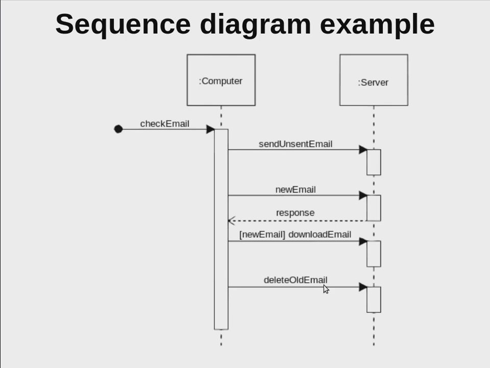So I told about this, and then about these rectangles. A rectangle shows how much time some process is taking on one or another lifeline, and you may make sub-processes inside processes of these sequence diagrams. For example, you can put a rectangle on top of a rectangle, something like this.